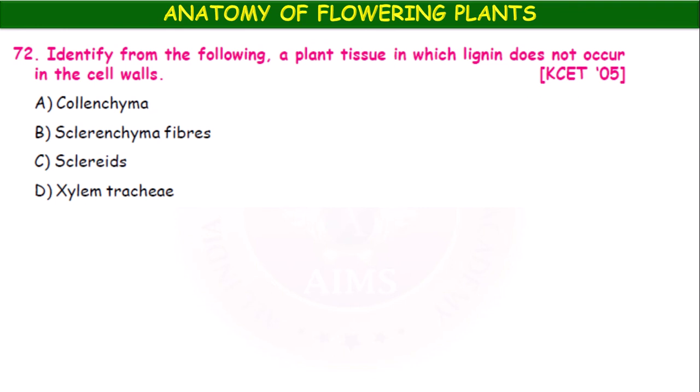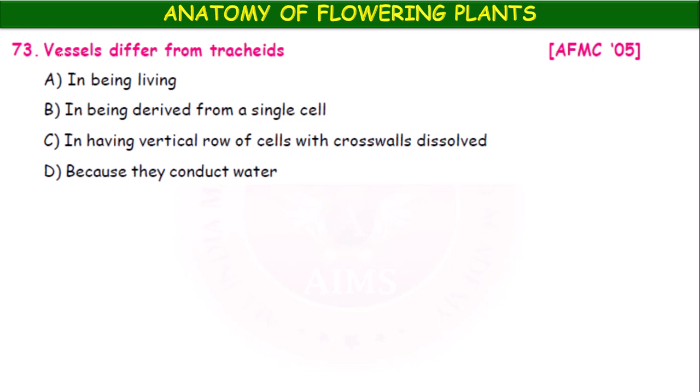Identify from the following a plant tissue in which lignin does not occur in the cell walls. Collenchyma, sclerenchyma fibers, sclerites, xylem tracheae. Okay, which one? It is the collenchyma, which does not have lignin, only pectin is present.